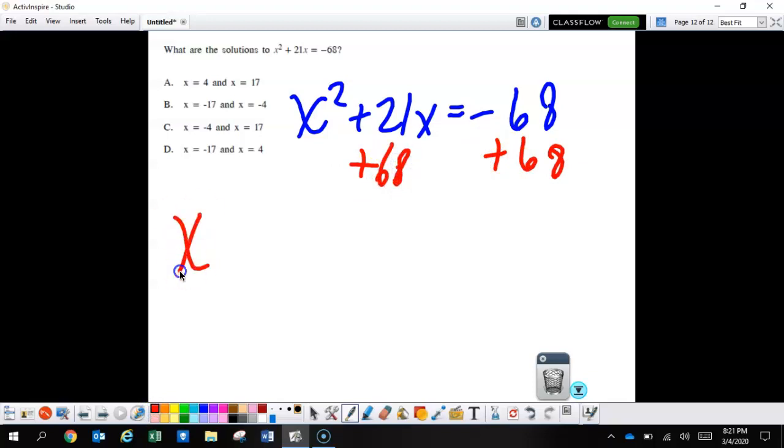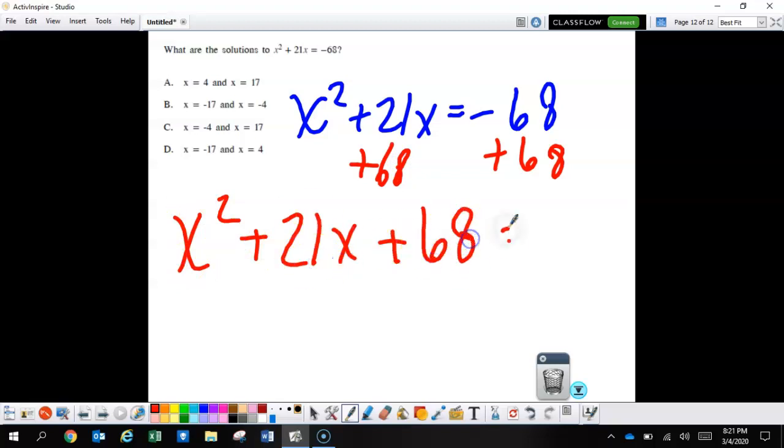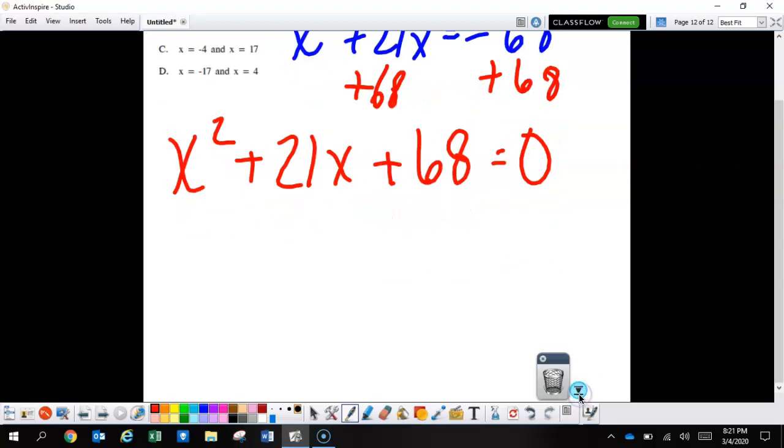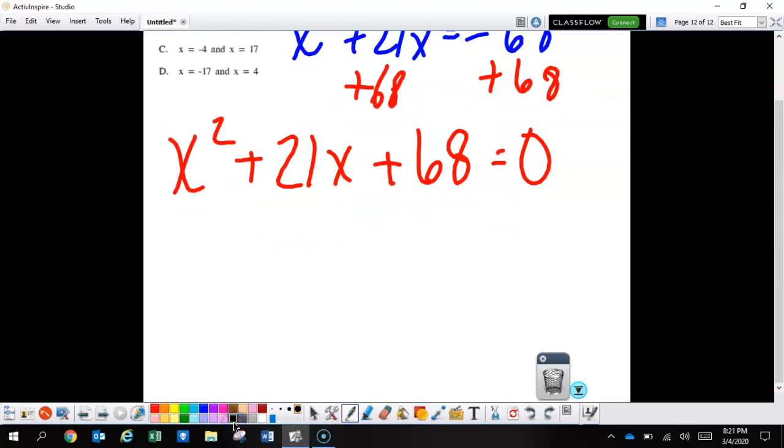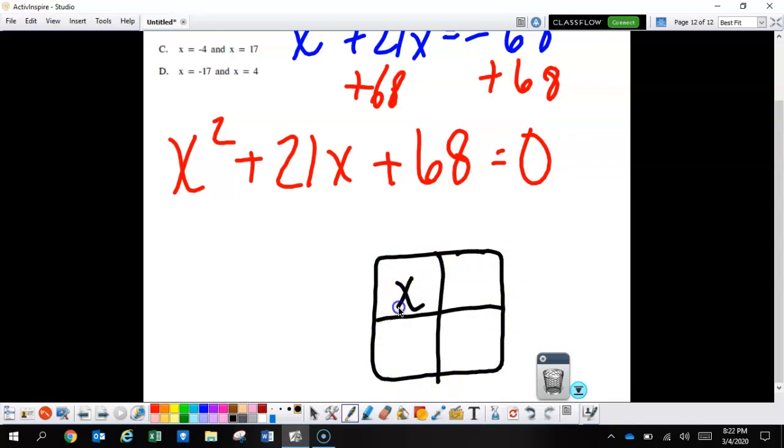So this is going to become x squared plus 21x plus 68 equals 0. And now I got to factor this. My favorite F word, factor. So I'm going to draw a box. So x squared and 68. So I need 2 factors of 68 that add up to 21.